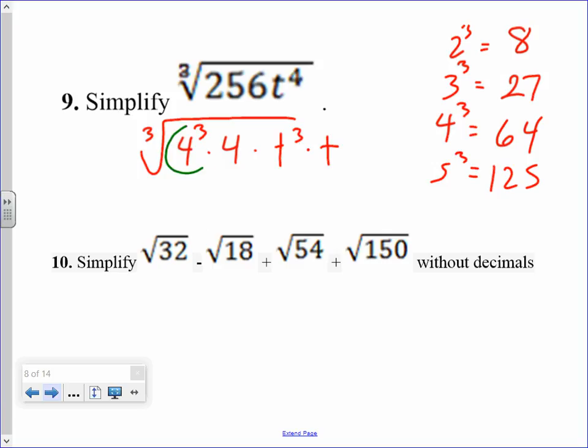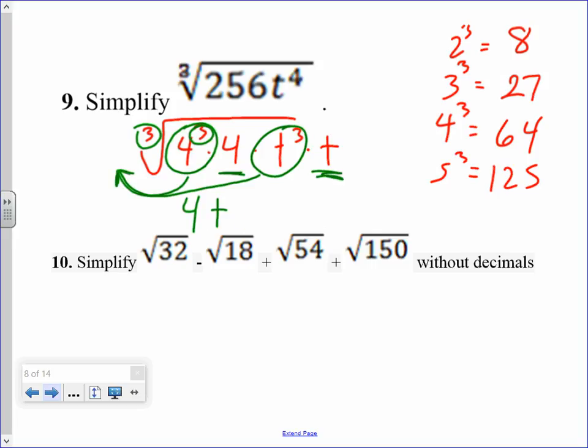So since I have 4 to the 3rd and I'm taking the 3rd root, that just comes outside the radical as a 4. This t to the 3rd comes outside as just t. This 4 and this t will remain underneath the cube root as 4t. So the 3rd root of 4t would be what you get.